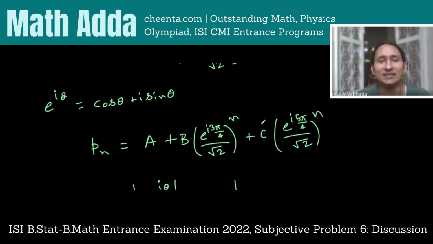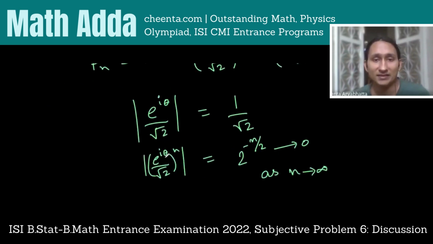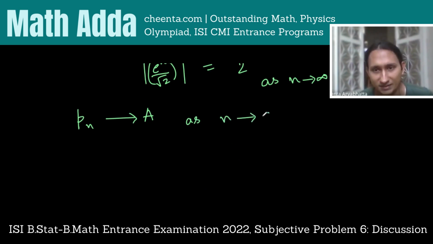Therefore, as n tends to infinity, both these terms become insignificant. They go to 0. The only term that remains is capital A. Therefore, this sequence of complex numbers actually has a limit, which is A. Pn tends to A as n tends to infinity.